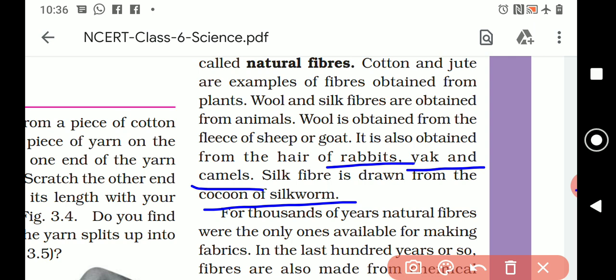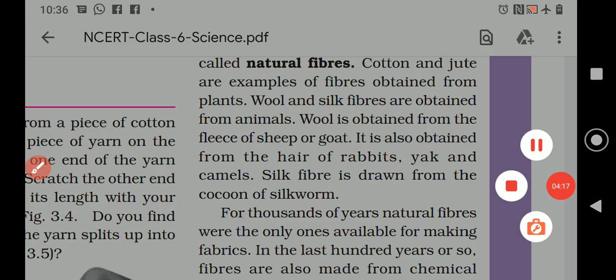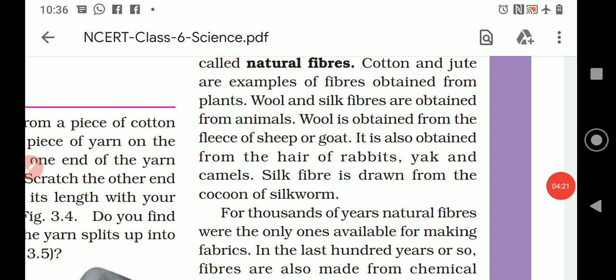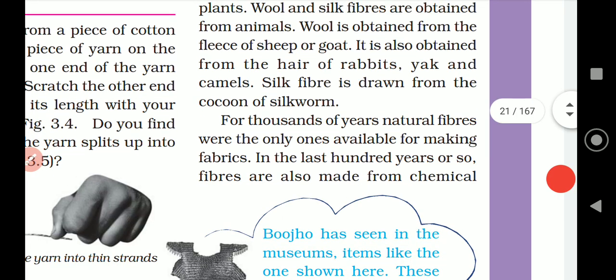Okay, so before moving ahead, for thousands of years natural fibers were the only ones available for making fabrics. Initially only natural fibers were available because there were no machines, right?